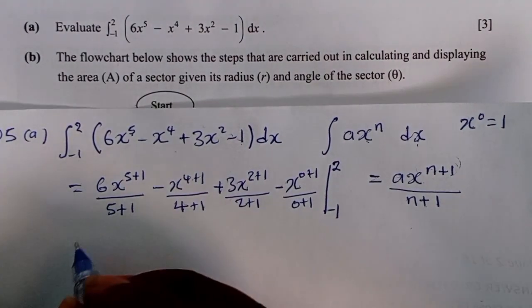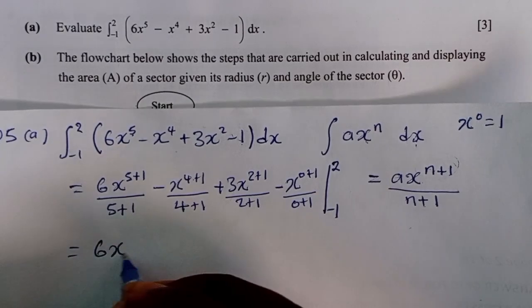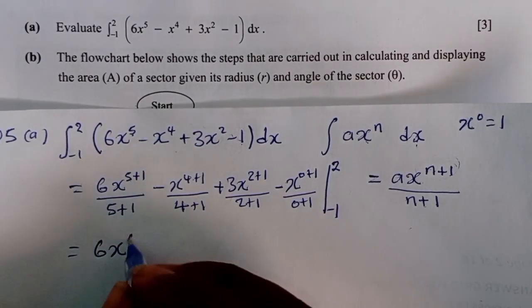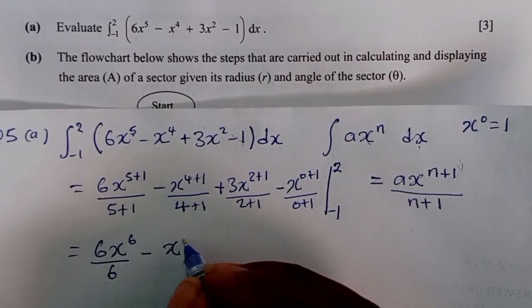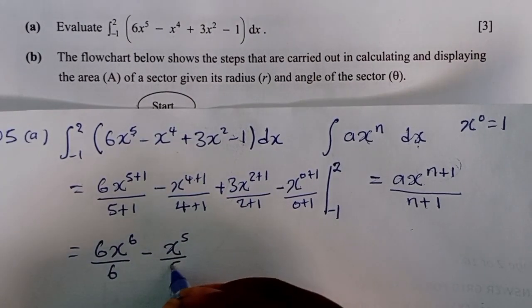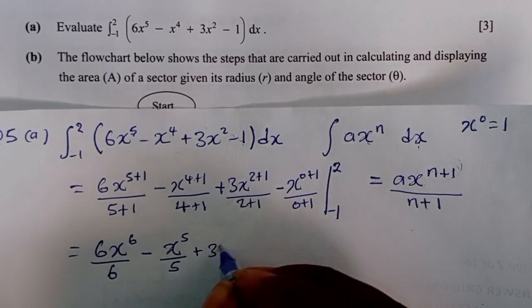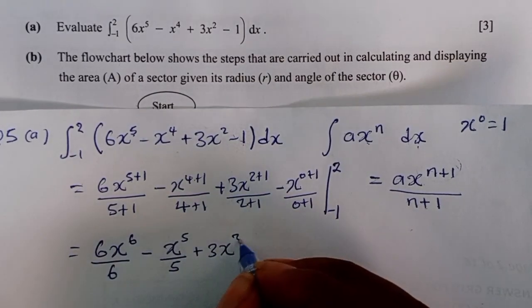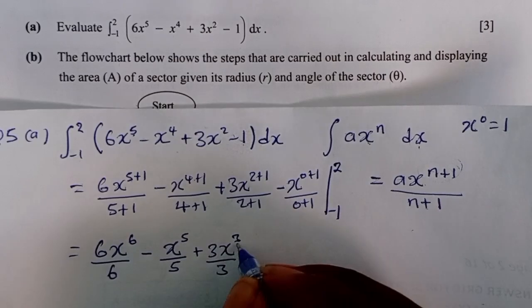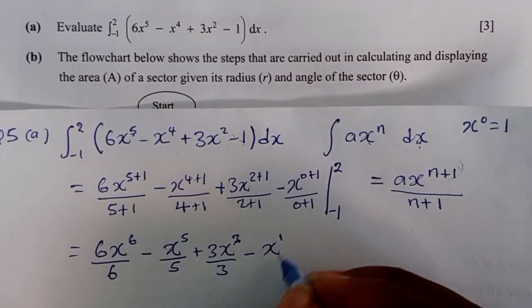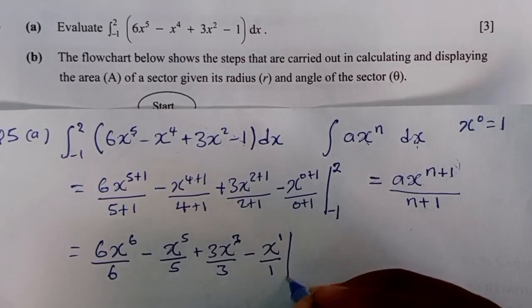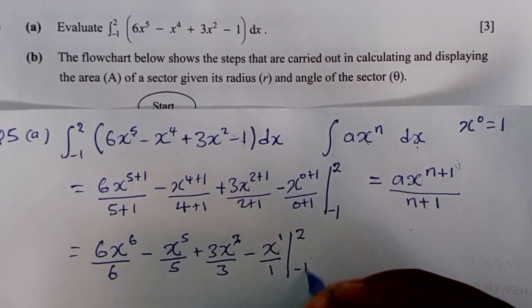So there we say 6x to the power 5 plus 1, 6 over 6, minus x to the power 4 plus 1, it is 5 over 5, plus 3x to the power 2 plus 1, it is 3 over 3, minus x to the power 0 plus 1, it's 1 over 1, from negative 1 to 2.